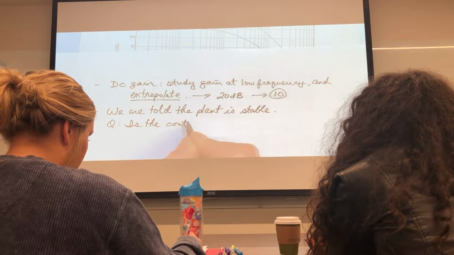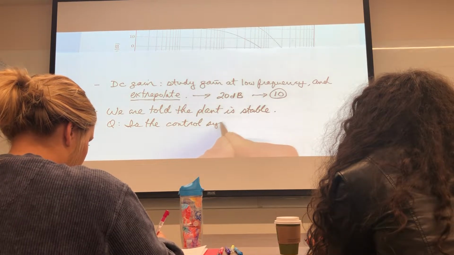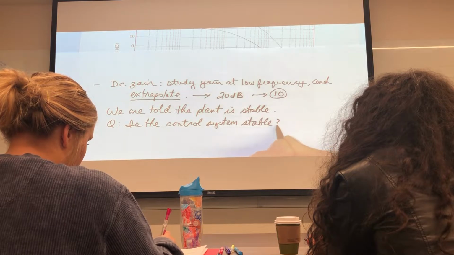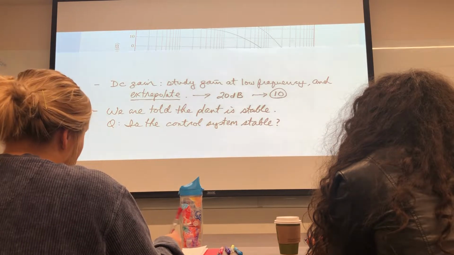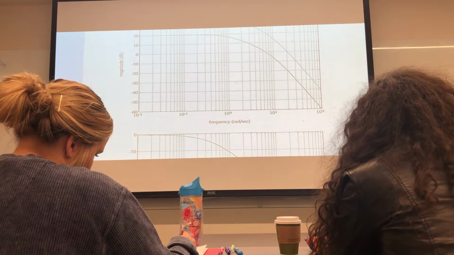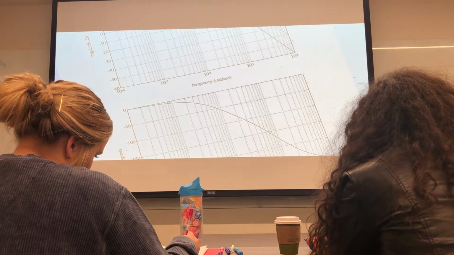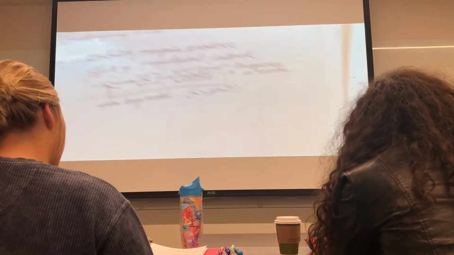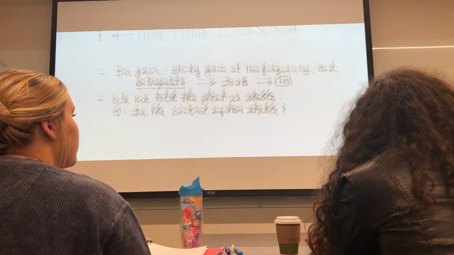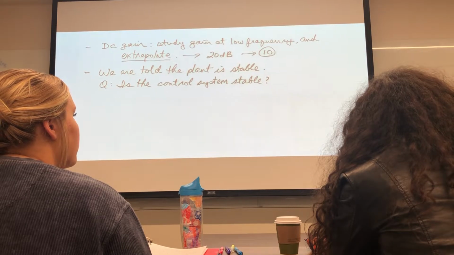Is the control system stable? We're given the frequency response of the plant, and the picture that we're dealing with is this picture. The question is, is this thing going to be stable? So let's study the stability margins.